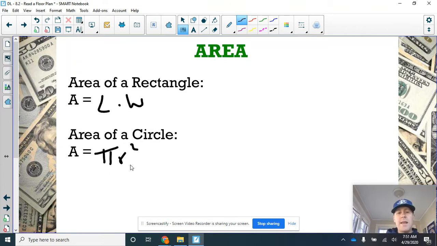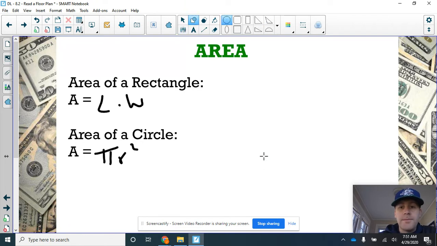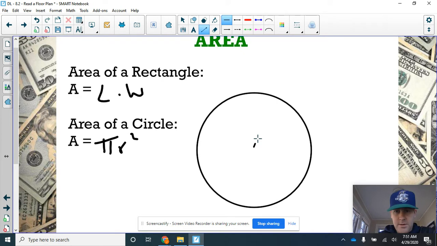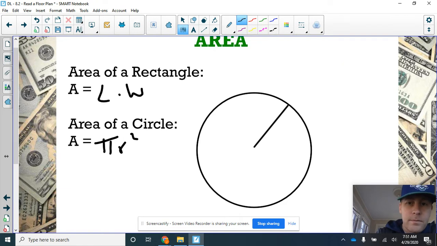The radius is the length that goes from the center of the circle to the circle itself. As a quick demonstration, if I draw a circle, the radius is the length of the line that goes from the center to the outside of the circle. If we go all the way across, that's known as the diameter.